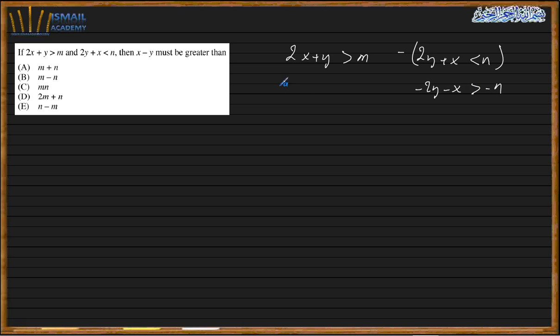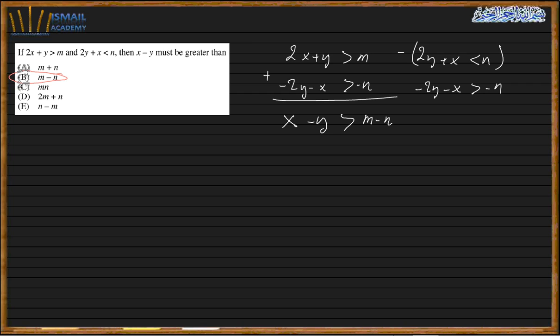Then I add, so 2x minus x is x, and y minus 2y is minus y. On the right, this is m minus n. So x minus y is greater than m minus n, which is B, and this is what I'm looking for.